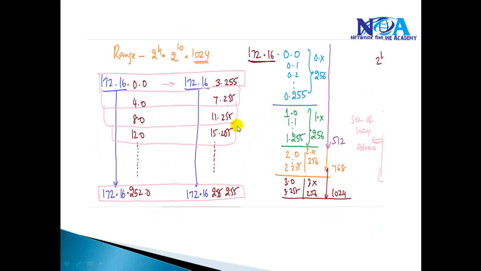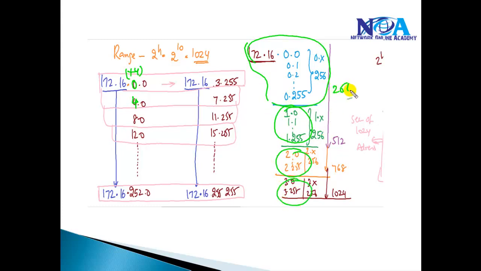That's what I generally use. So if you want all addresses, the range will be in multiples of 4 in the third portion: 0 plus 4 plus 4 plus 4, like that. Or in general, if you are calculating, take 1 block, 2 blocks, 3 blocks and 4 blocks.